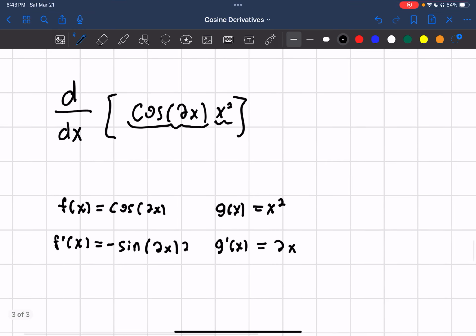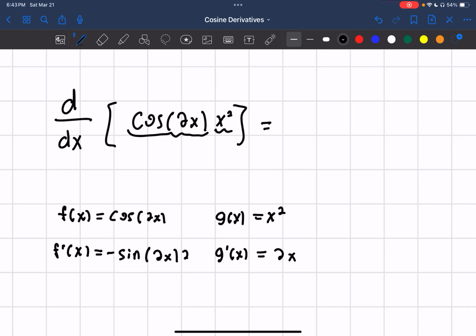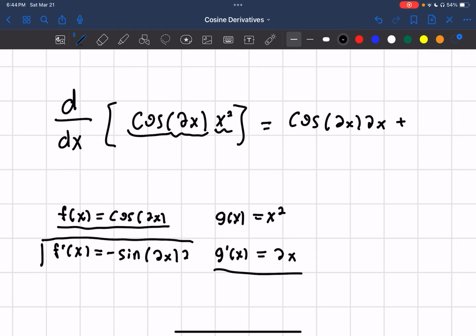So the derivative of this will be f of x times g prime of x. So cos 2x times 2x plus f prime of x times g of x.